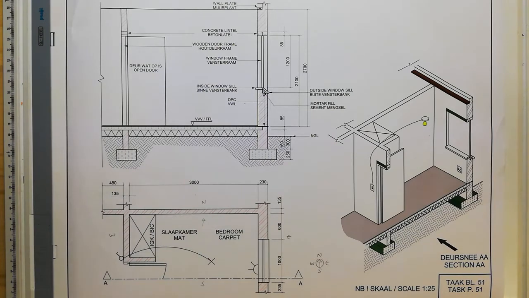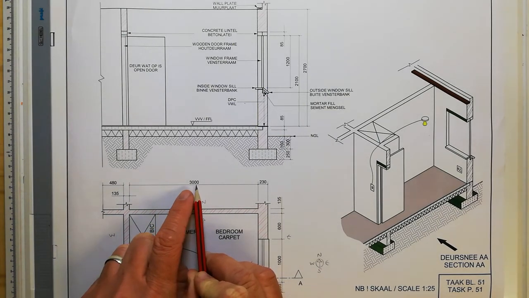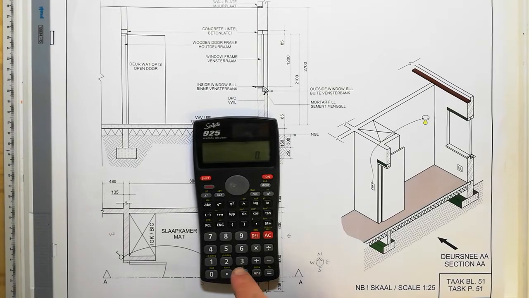profession. Okay, so guys, specifically, I want to quickly focus on a few things in this drawing. So the scale 1 to 25. If I see that they say it's 3,000 over there, and I take my calculator and I say to myself 3,000 divided by 25. Let's just see what that gives us. So guys, 3,000 divided by 25, which is my scale, gives me 120.